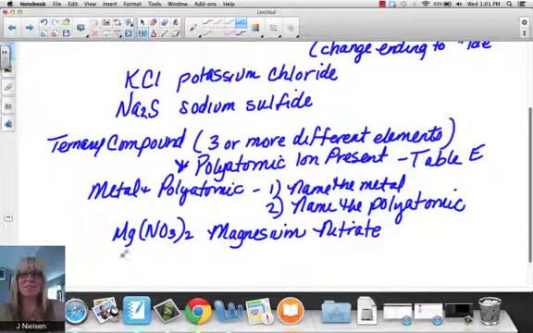Now, there is a situation where you will change the ending, but I'll do that one last. Another situation that you might have is 2 polyatomics, and you simply just name them.